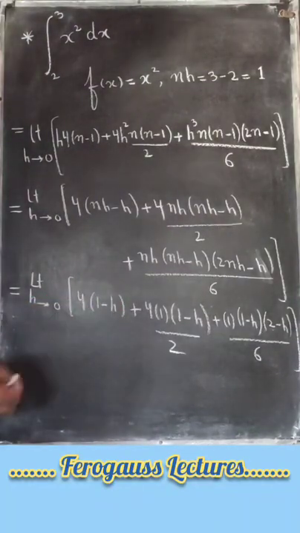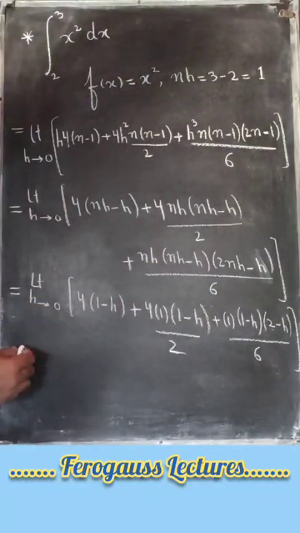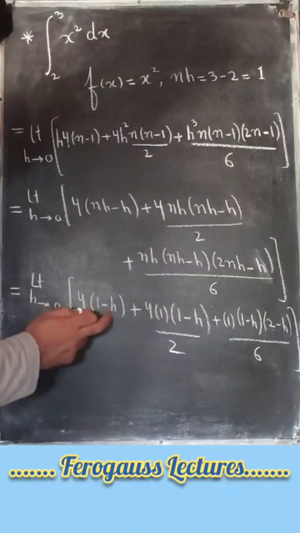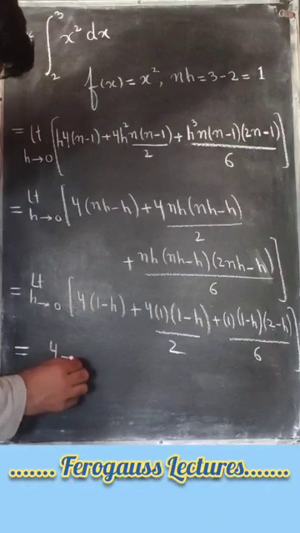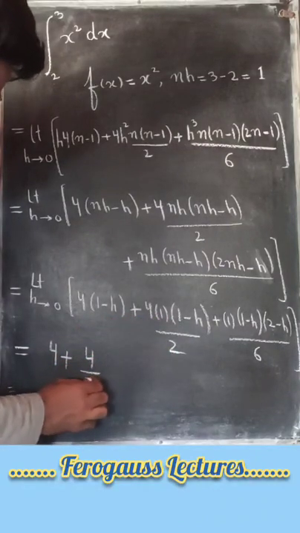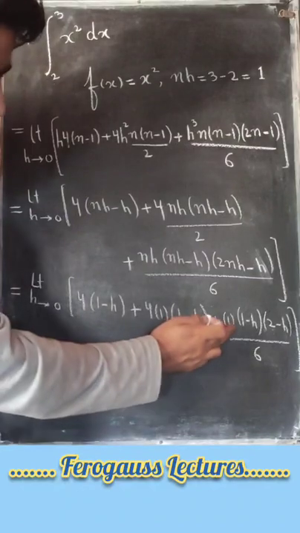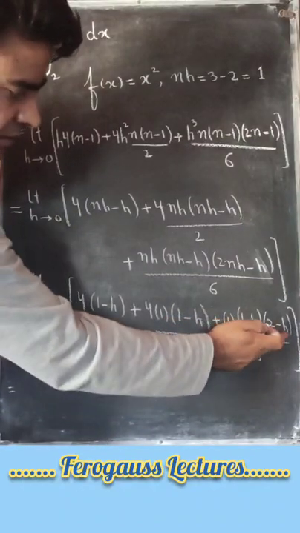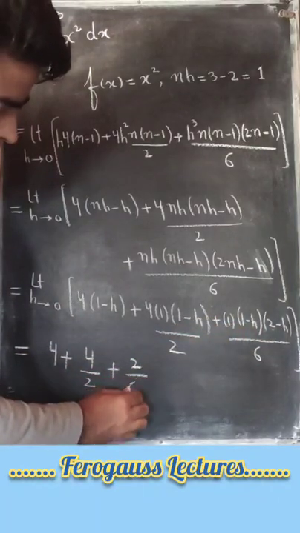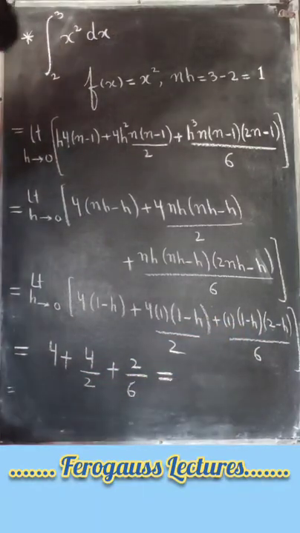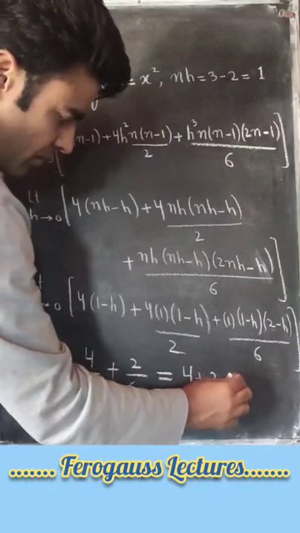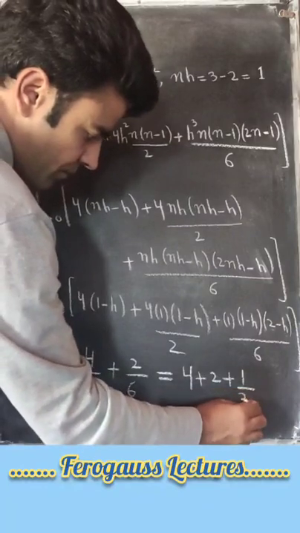Now applying the limit h tends to 0, we get 4 into 1 minus 0, so that is 4, plus 4 into 1 into 1, that is 4 divided by 2, plus h is 0 and this h is also 0, so we get 2 into 1 into 1, that's 2 divided by 6, which is equal to 4 plus 2 plus 1 by 3.